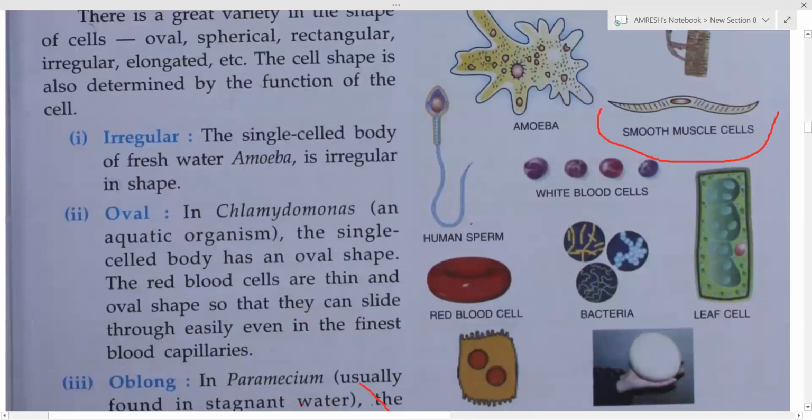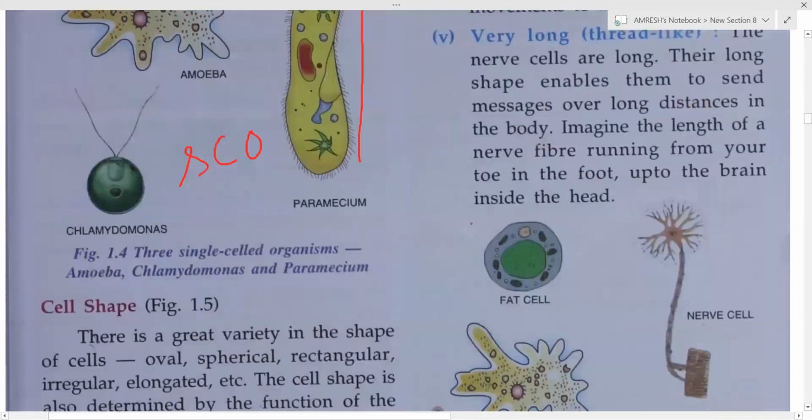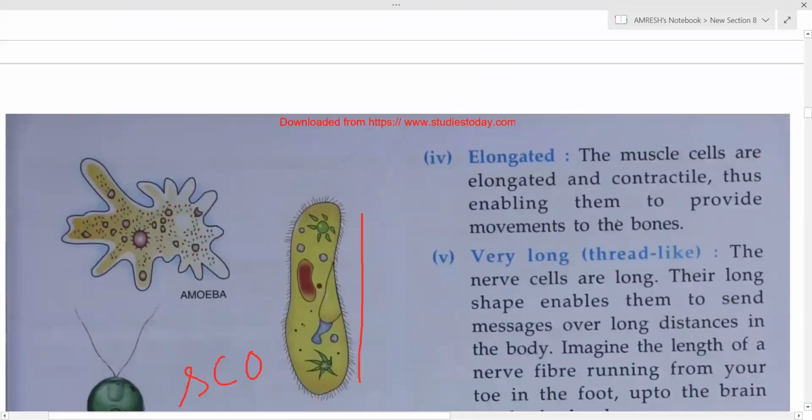Oblong means slipper shaped, and elongated means somewhat cylindrical. Contractile means a little bit slender at the ends and elongated in nature.